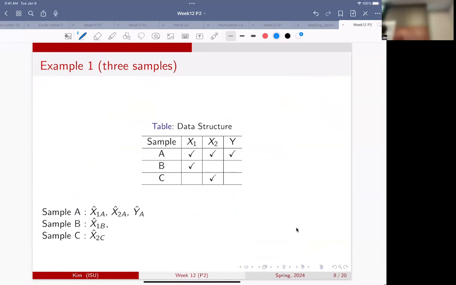You may have many different situations, but let's assume that we have three independent samples, and B and C have some extra information for a subset of X. So then you still want to combine information and construct the weight, right? So that is a reasonable research problem.